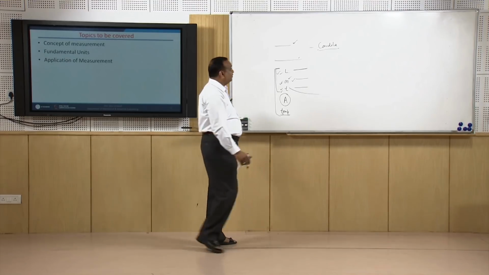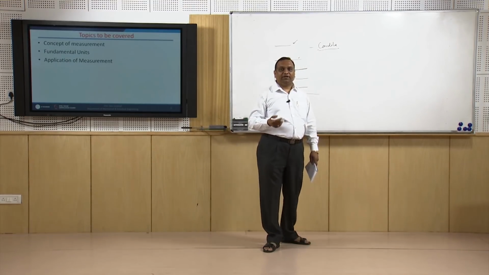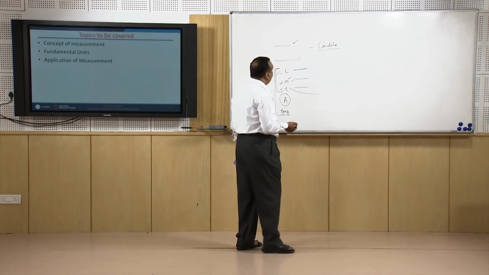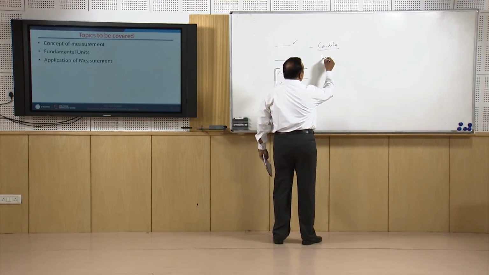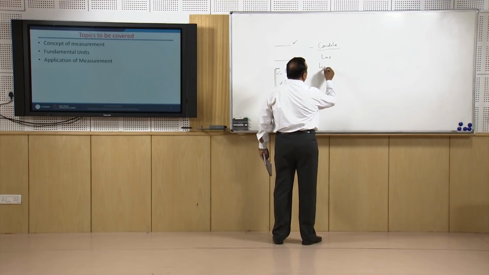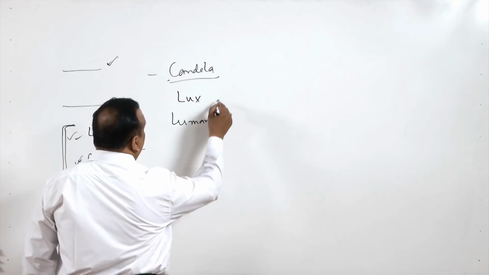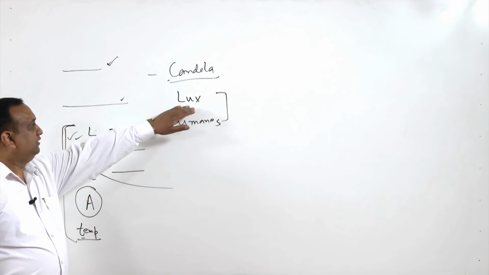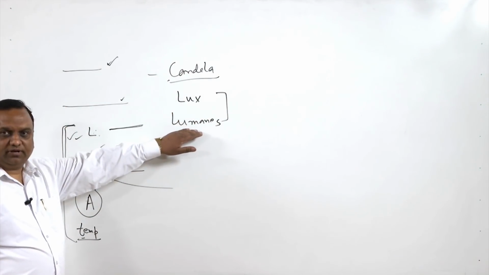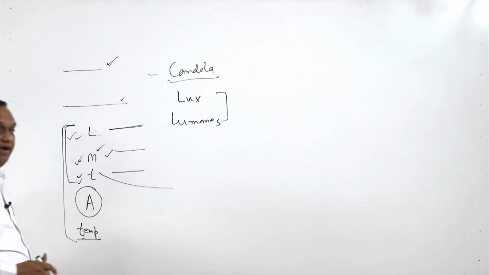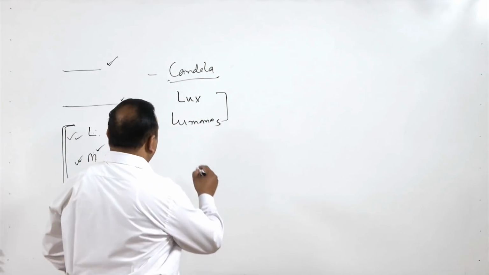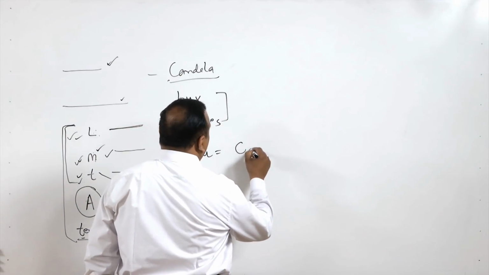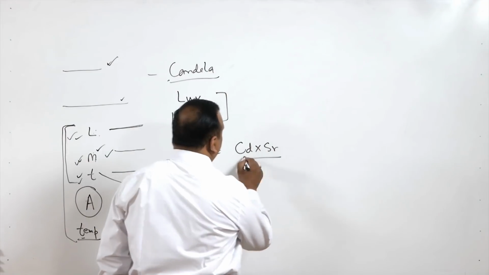And because we have to frequently use the intensity of light in engineering applications, either in candela or lux or lumens, and lux and lumens are related. Lux is lumens per meter square. So the lumens is equal to candela multiplied by steradian.